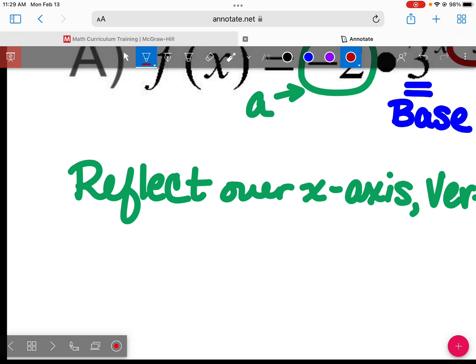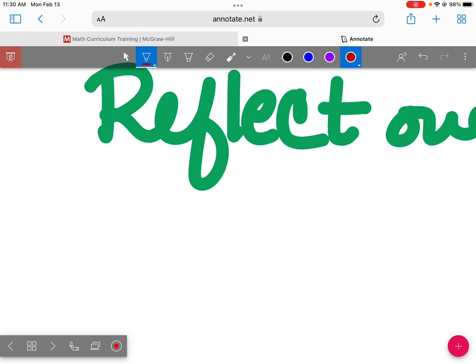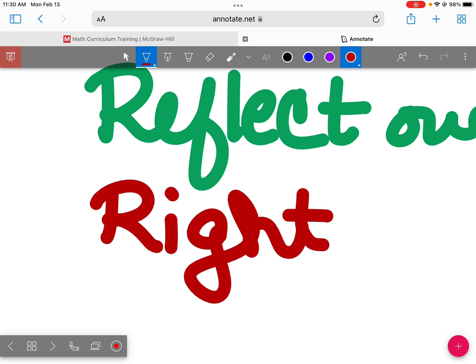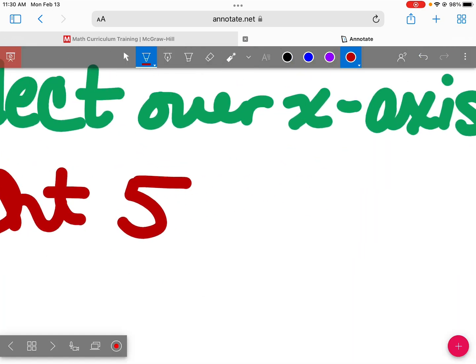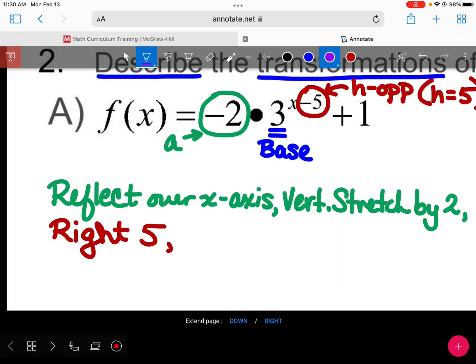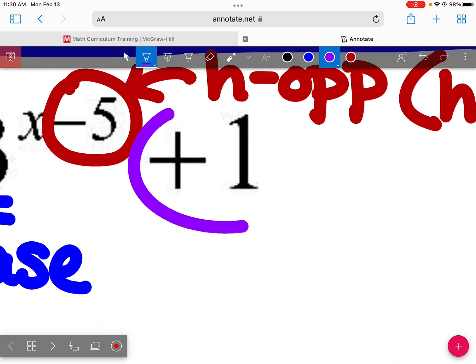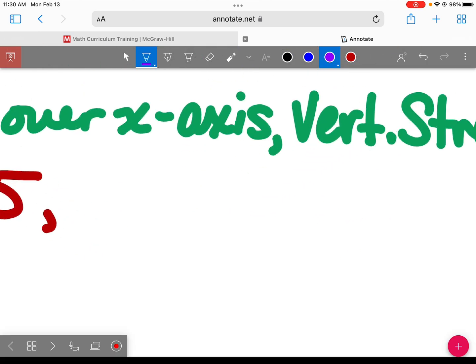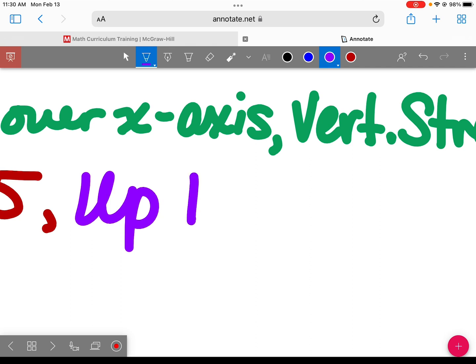H goes side to side because it's next to the X, and the X axis goes side to side. Right 5. And then you said up 1, because that is our K value. That's going to shift it up 1.